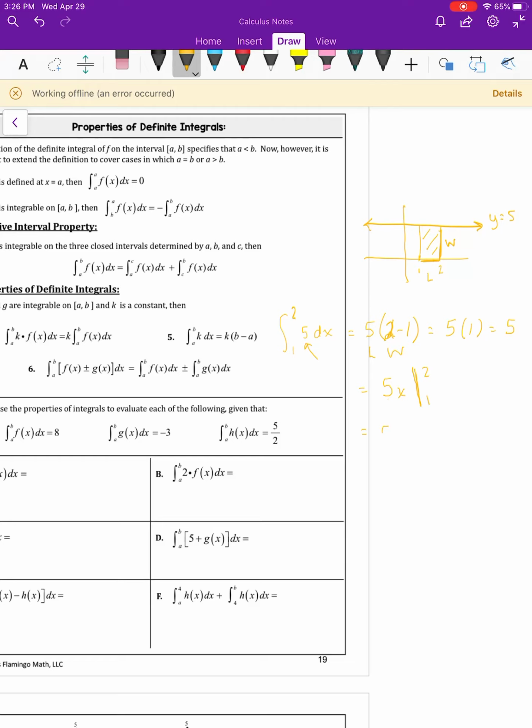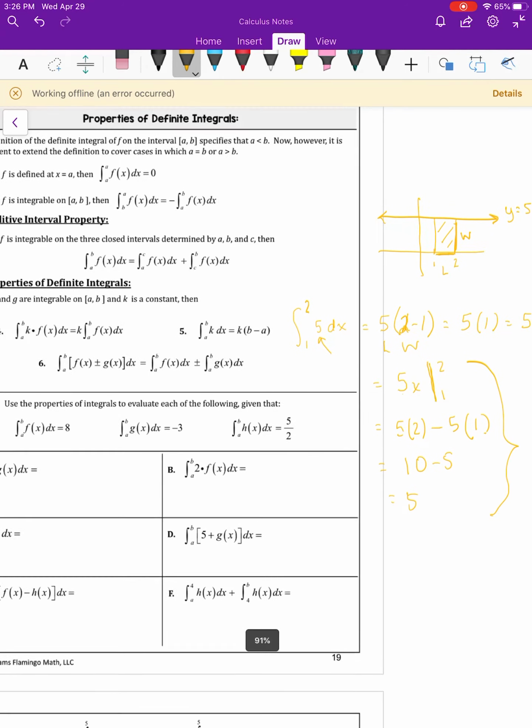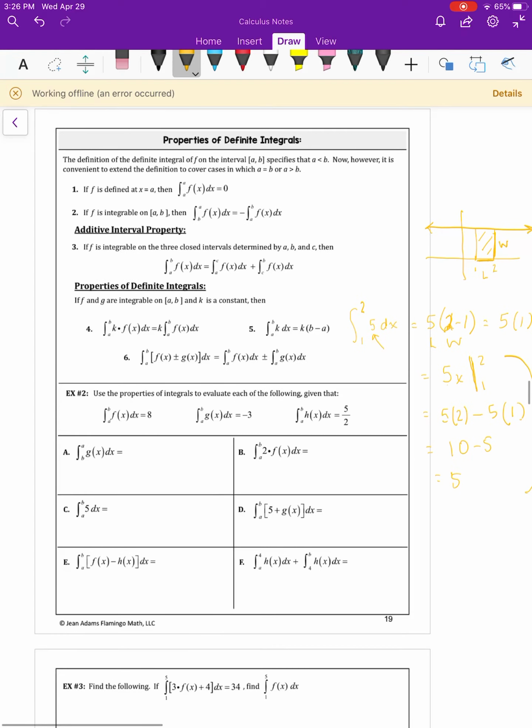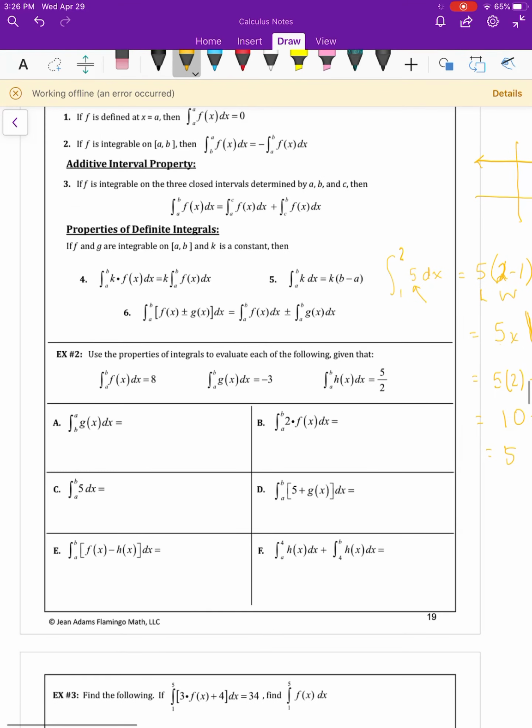And the fundamental theorem of calculus tells us that this is equivalent to 5 times 2 minus 5 times 1. So that also would give us that 5, okay? So this is where we're going with this, and you'll see it coming up soon.